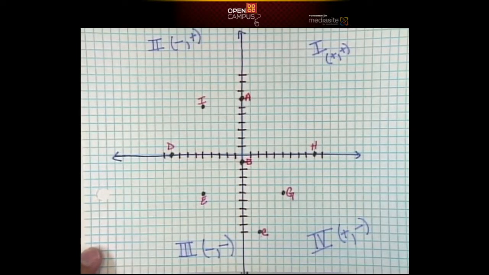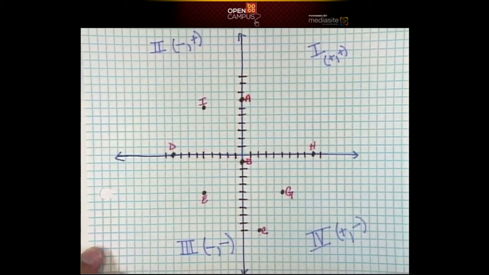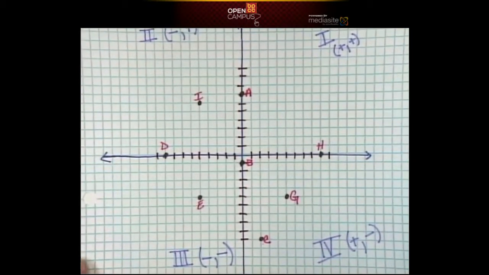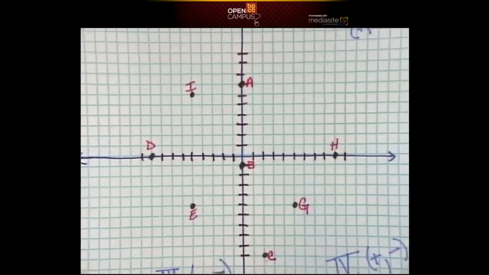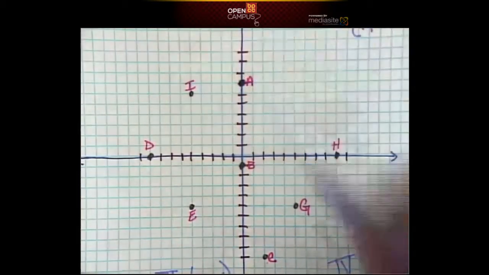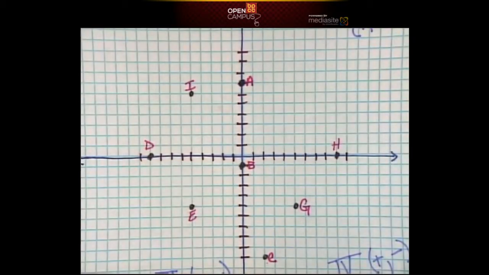All right. So once we know that, let's zoom in and look at these quadrants, see what's up. So I have point A. When I look at point A, here it is right here, point A looks like it's physically on which one of the axes? The x-axis or the y-axis?